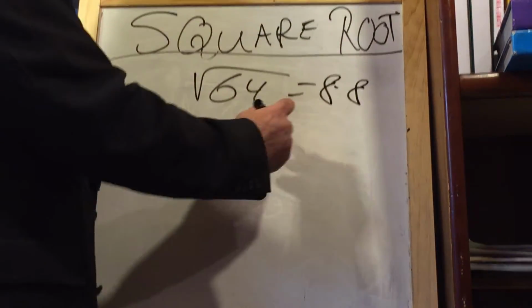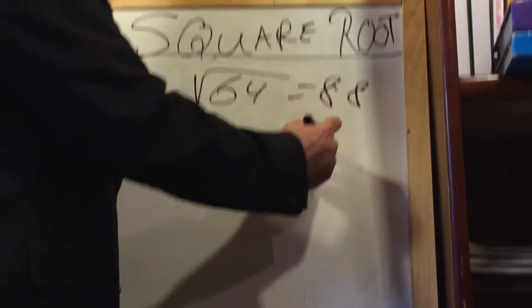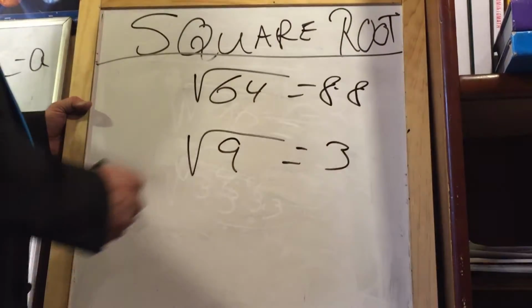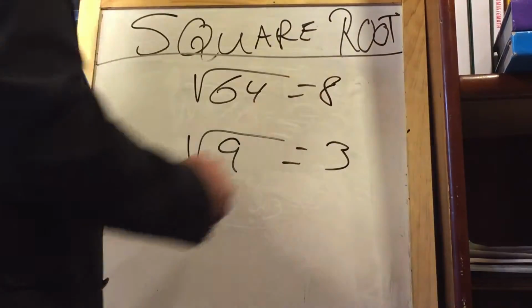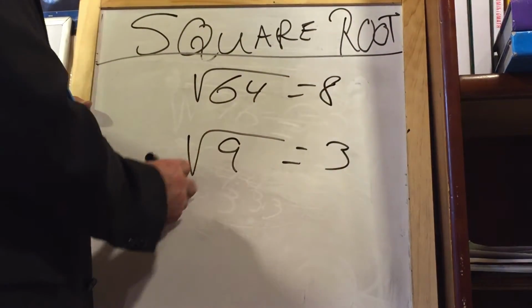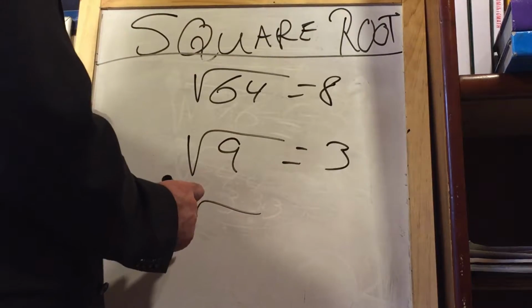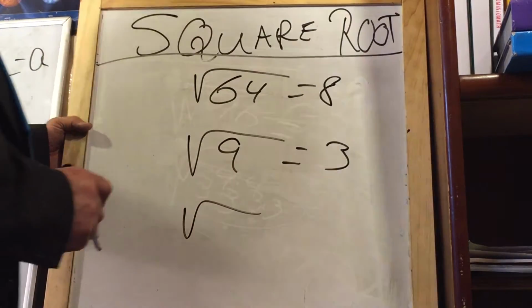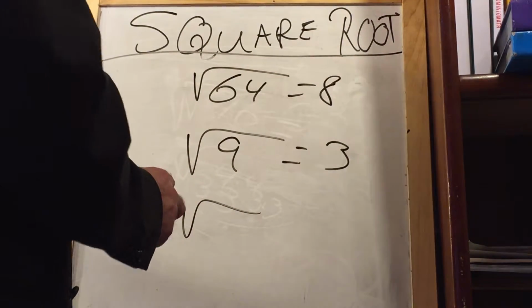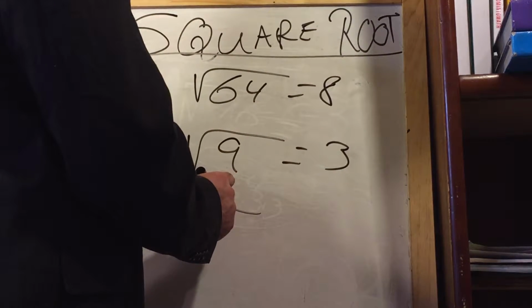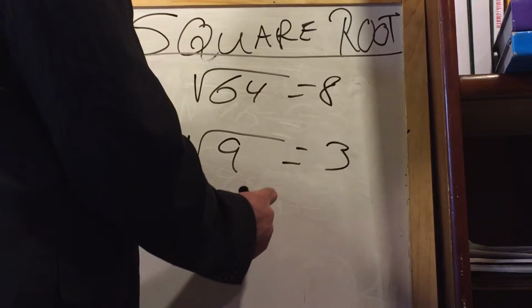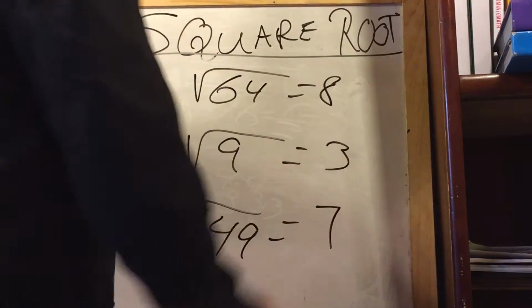What is the square root of 9? It is 3. What is, yeah, it's 8 here. What is the square root of, let's say, 49? It is 7.